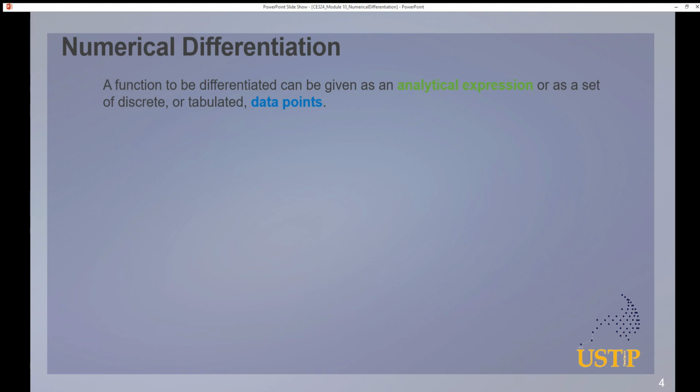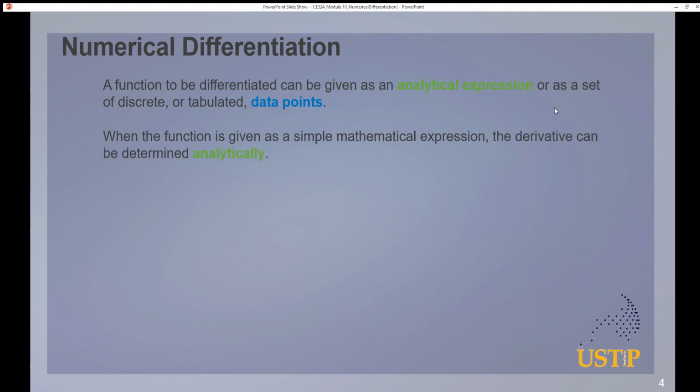Acceleration is the derivative of velocity, which is the derivative of displacement with respect to time. If you have the data for velocity, you can estimate the acceleration. And this is the reason why we take up numerical differentiation. This is the motivation.